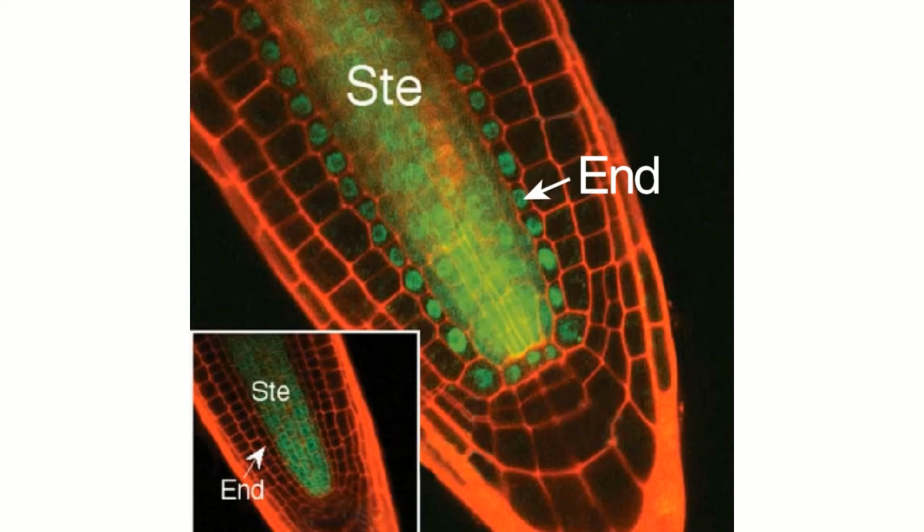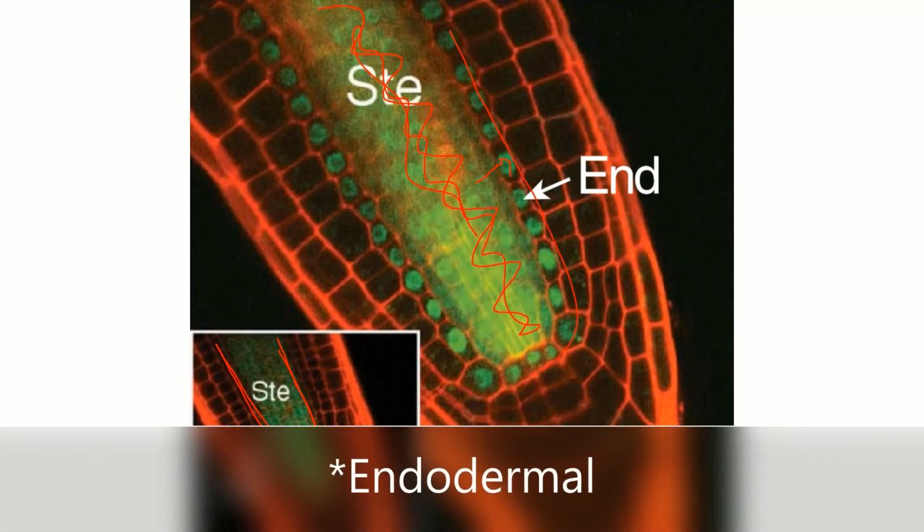So there's also a study, a proof as to the presence of these plasmodesmata. Here we can see RNA that's being created by cells in the stele, okay, in the vascular tissue of the plant. And you can see how they are color-coded, and then later on, from just being confined in the stele, here shown in this small picture, they have now moved into the endodermal cells lining the stele.